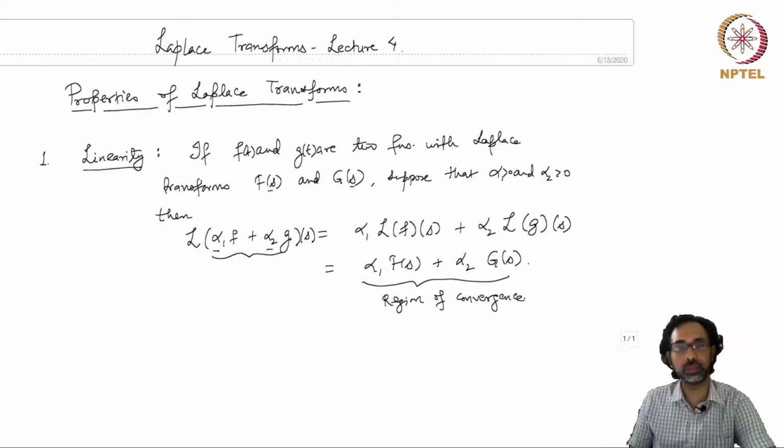Remember that whenever we compute a Laplace transform, we have to specify the region of convergence as well, otherwise the answer is deemed incomplete. So let us try to understand the region of convergence of this function alpha 1 F(s) plus alpha 2 G(s).